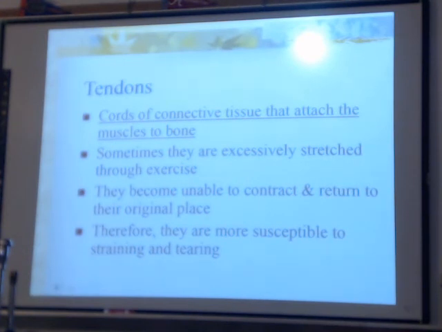And what happens then is they're more susceptible to straining or tearing. If we overstretch or hyperextend tendons, then we tend to put them in a position, until they heal, of excessive straining or tearing. So remember that tendons are connective tissue that connect muscle to bone.